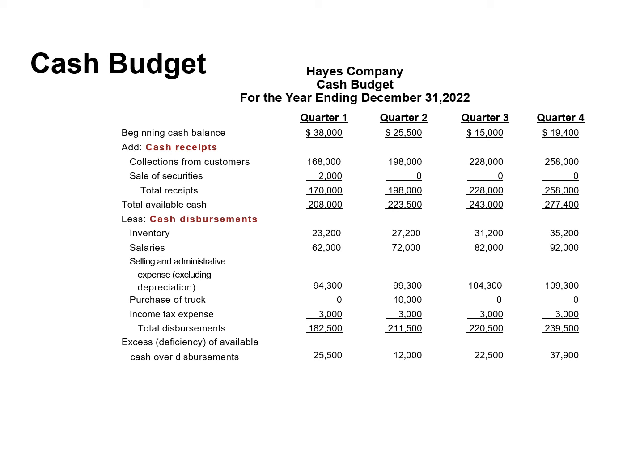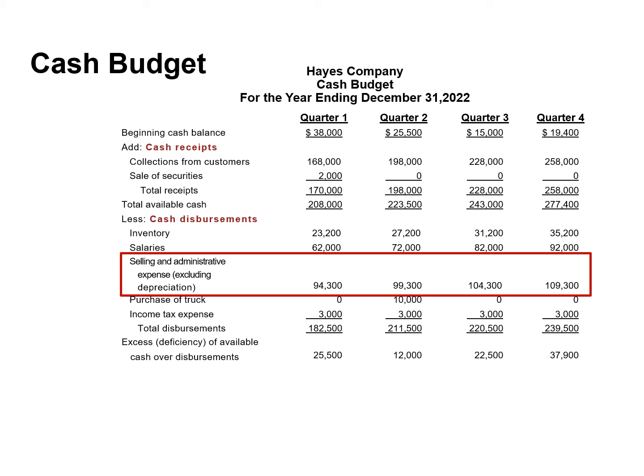It is very important to note that a cash budget does not include depreciation, since depreciation expense does not use cash. Once you obtain the total disbursements, subtract that amount from total available cash to arrive at the cash balance before financing, or the excess or deficiency of available cash over disbursements.